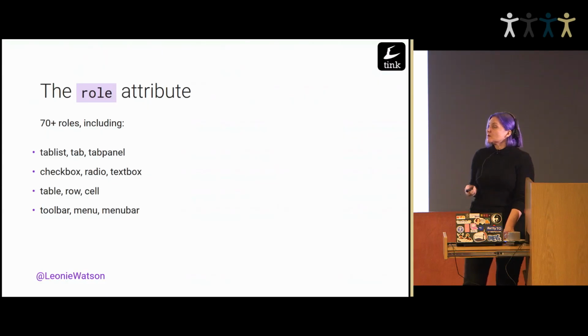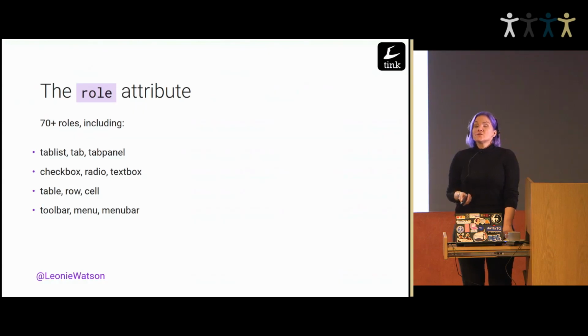You use the role attribute, and then you choose a value depending on what accessibility role you want to fill in. There are lots and lots of them. Pretty much every component you can think of has a role value in ARIA: buttons, checkboxes, radio buttons, radio groups, sliders, toolbars, progress bars, trees, grids, tables, and so on. Like I say, 70 odd different values.